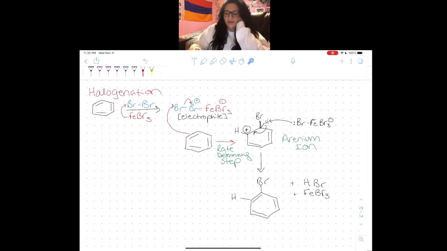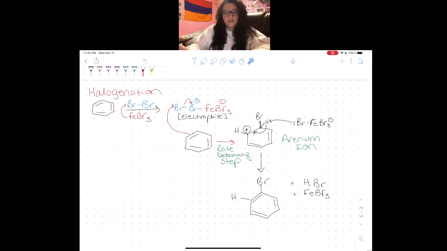One more time, the rate determining step is the step in which benzene attacks and performs an addition reaction, adding our substituent to the benzene ring. This is where we lose aromaticity and we create the arenium ion.